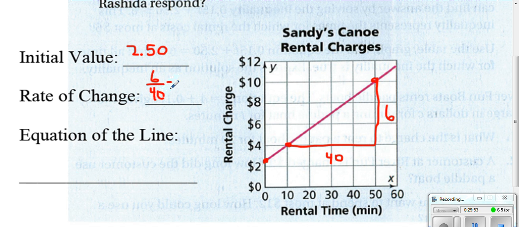I'm going to make that a decimal by dividing 6 by 40 in my calculator. And I'm going to get 0.15. I divided these two numbers to get that.